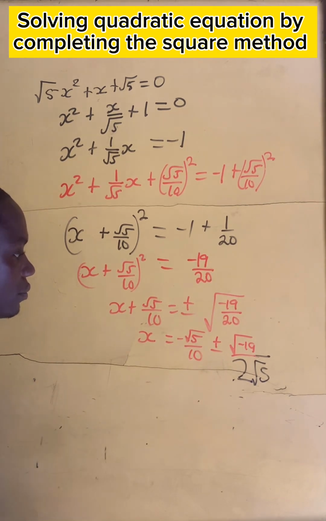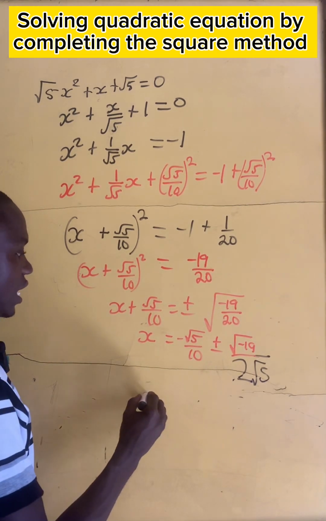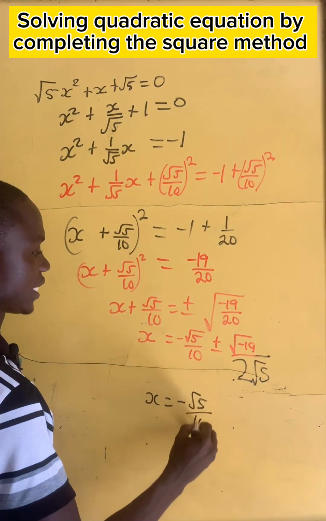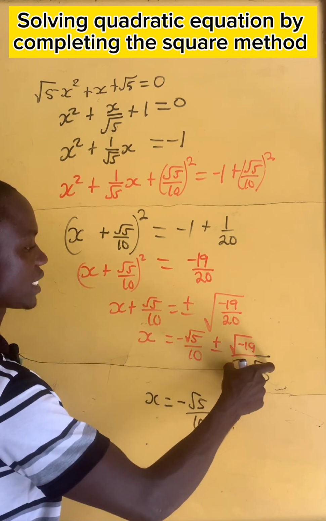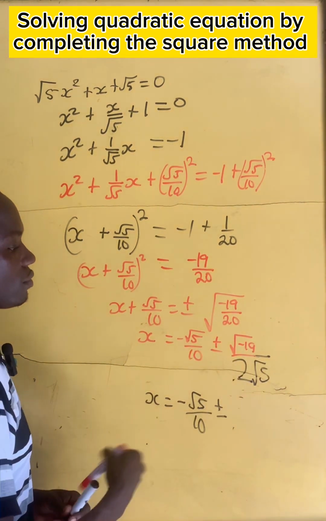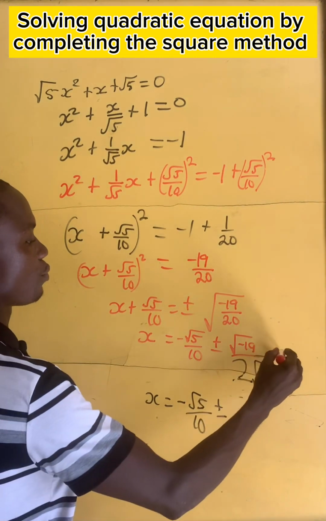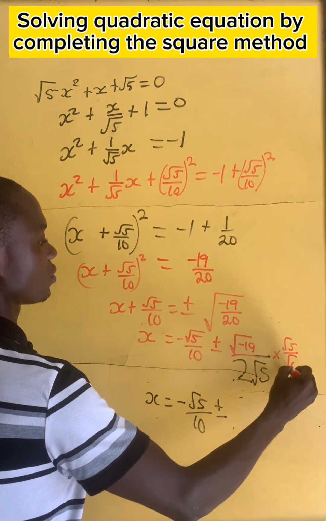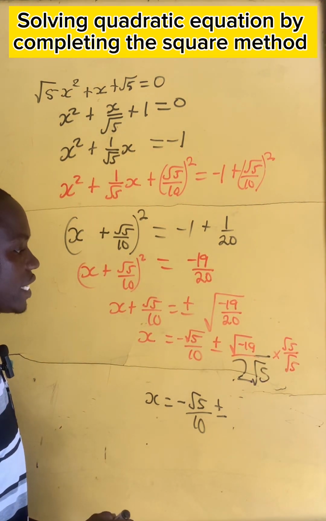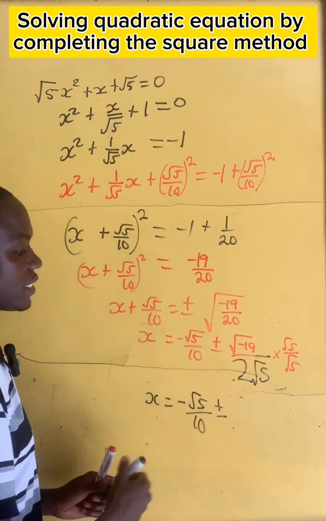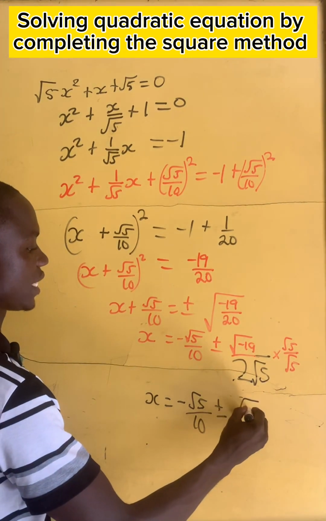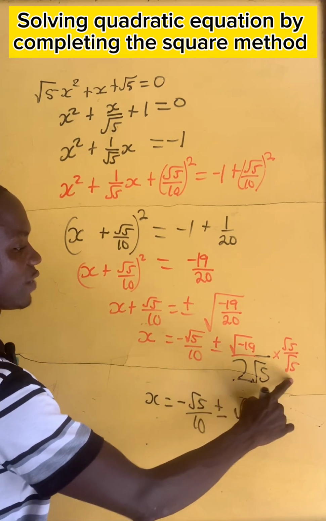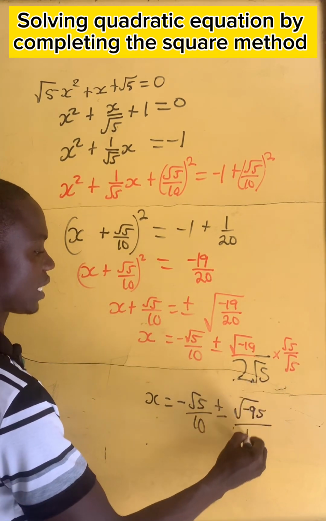Now we have x equals negative root 5 on 10, plus or minus. Then we rationalize this. If we want to rationalize this, we multiply here by root 5 on root 5. So this will give us the square root of negative 95, all divided by root 5 times root 5, which is 5, times 2 gives us 10.